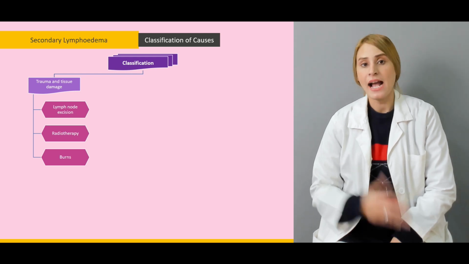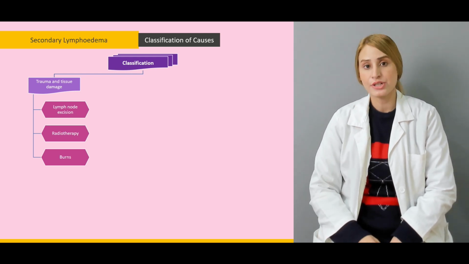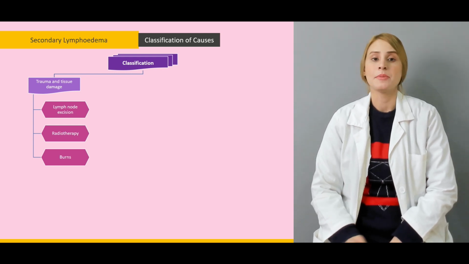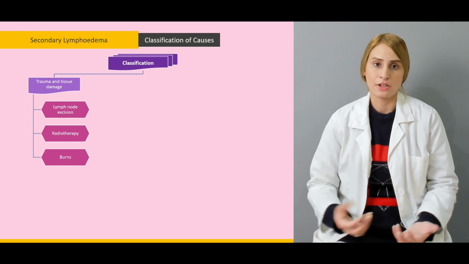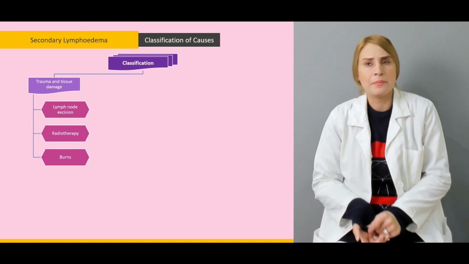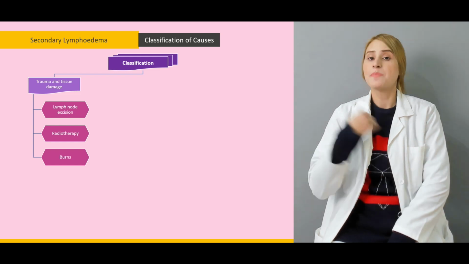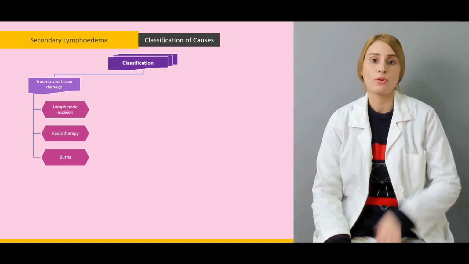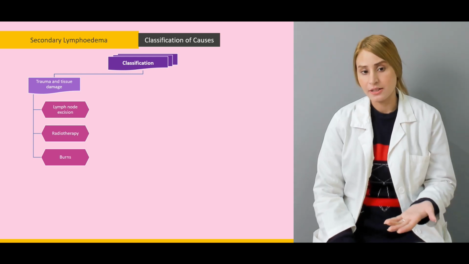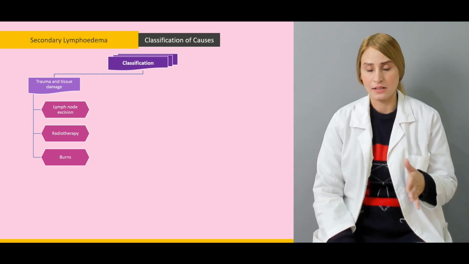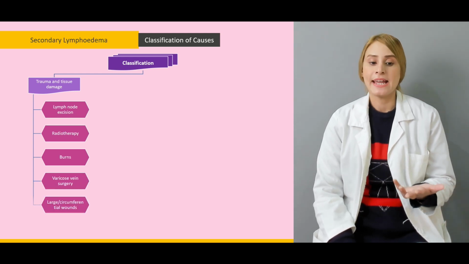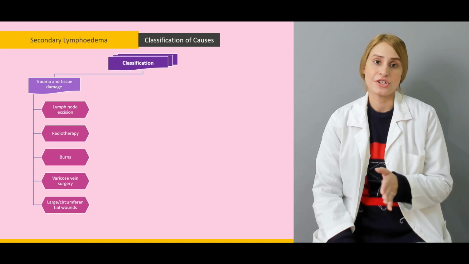Radiotherapy, like after the surgery for a particular cancer, radiotherapy is performed, or for lymphomas, these tumors are more responsive to radiotherapy. So in all the tumors in which radiotherapy is done, there can be lymphedema, burns, varicose vein surgery, and large circumferential wounds.